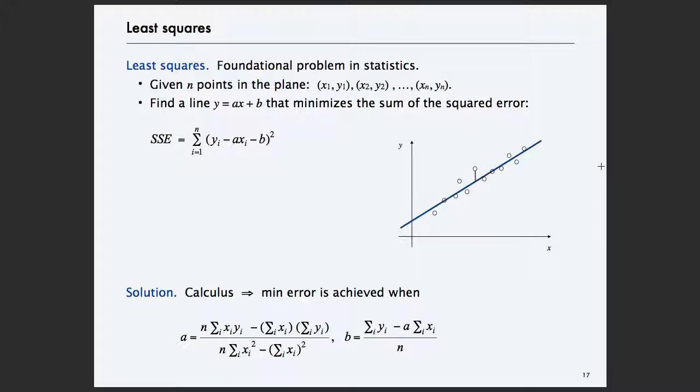You have a bunch of points, and you're trying to find the line that minimizes the square of the errors. And why do we minimize the square of the errors, instead of the absolute value of the error? The mathematician in here, why do we do that? They used to tell you that you want to penalize bigger errors too, rather than just the average, because the average would be 0.